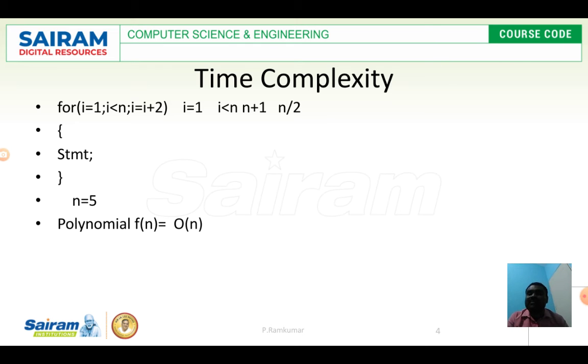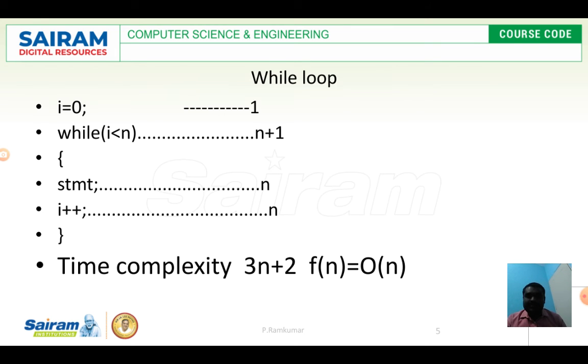The statement also will be executed n by 2 number of times. When I add together, I get n plus 1 plus n by 2. So the LCM is 2, giving 2n plus 2 plus n, that is 3n plus 2 by 2. So 3n plus 2 by 2 means polynomial complexity, f of n is equal to order of n.